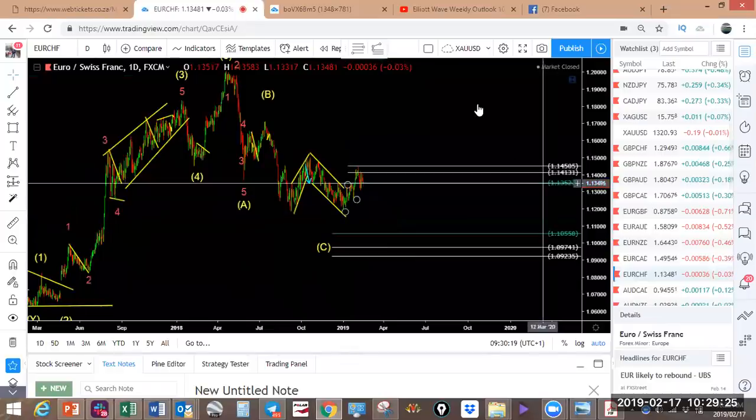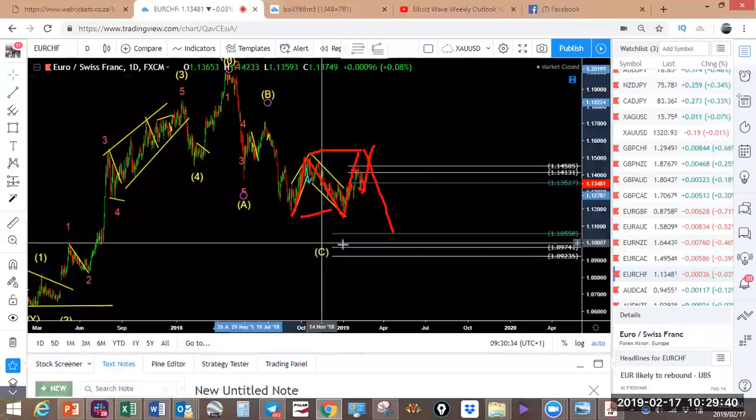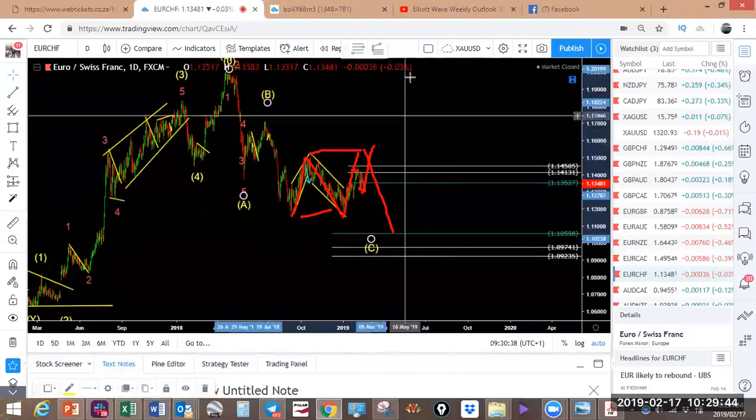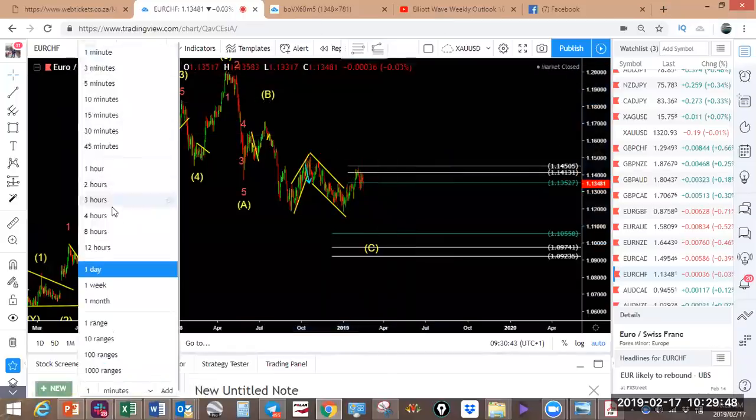EURCHF, corrective structure there. That may take us back up here for 1, 2, 3, corrective structure that will then drop for 1 more again. Okay. Now this will not be an ABC move anymore. We're gonna have to adjust it. For now, watch this structure on the 4 hour.